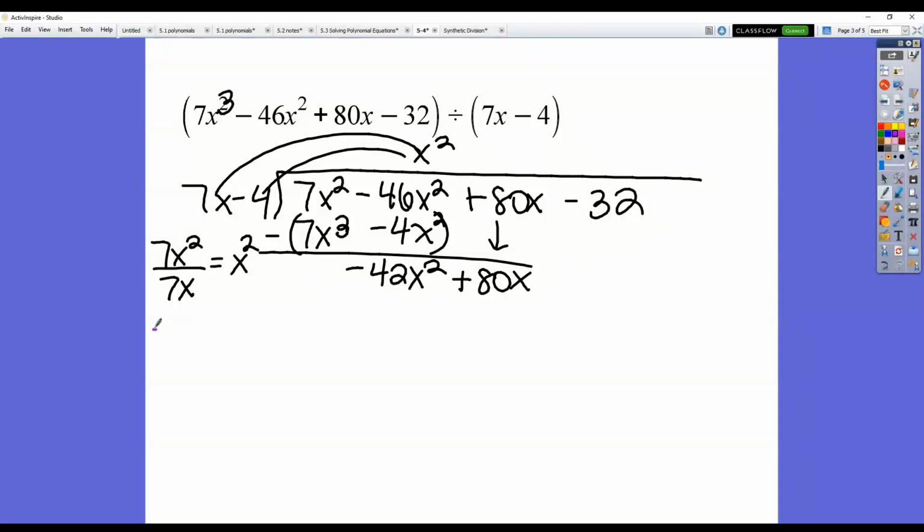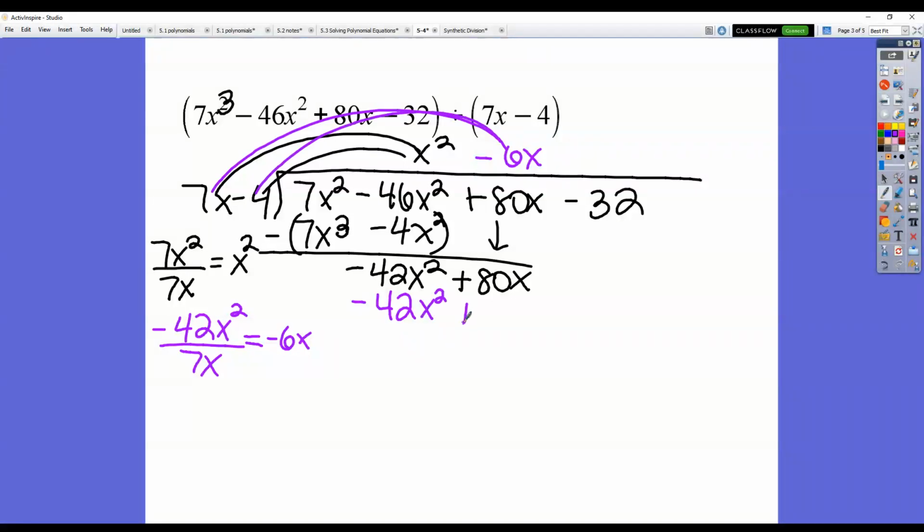And then negative 42x squared divided by 7x is negative 6x. We put a negative 6x there. And then we multiply. Multiply negative 4 times negative 6x. That's positive 24x. Don't forget, long division, you subtract. That cancels. 80x minus 24x would be 56x.